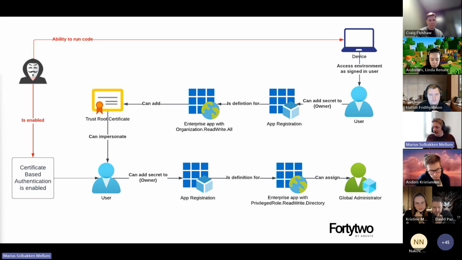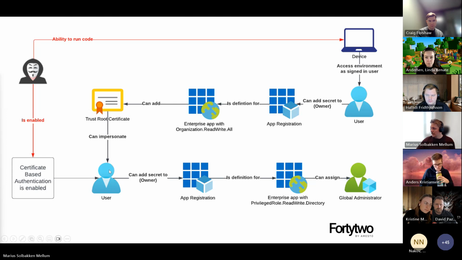Then we might use the same privilege, being owner of an app registration, to access something, for example an enterprise app with organization read write all, which can add a trusted root certificate. Given that certificate-based authentication is enabled and the attacker has this ability, he can impersonate essentially any user, even global admins, and use that for further paths.